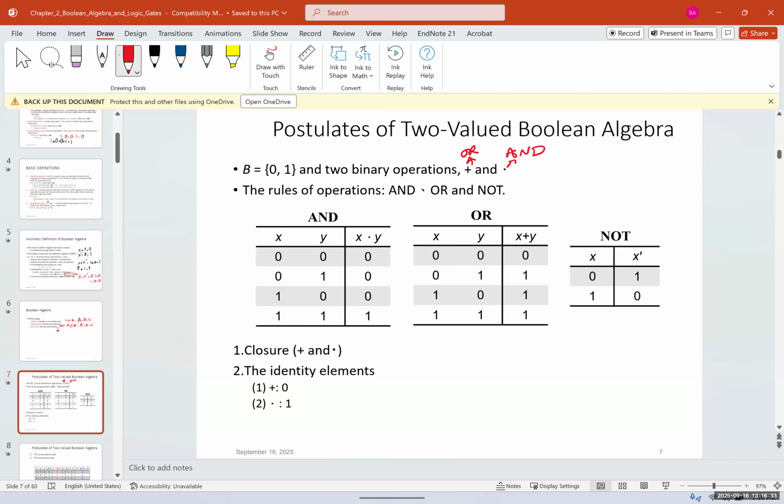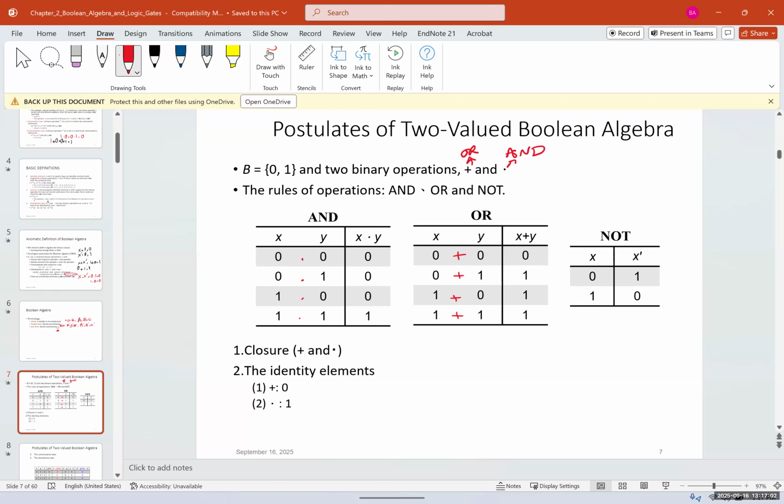So 0 and with 0 gives us 0, 0 and with 1 gives us 0, 1 and with 0 gives us 0, and 1 and with 1 gives us 1. 0 or with 0 is 0, 0 or 1 is going to be 1, 1 or with 0 is going to be 1, and 1 or with 1 is going to be 1. And the not, 0 not would be 1, 1 not would be 0.